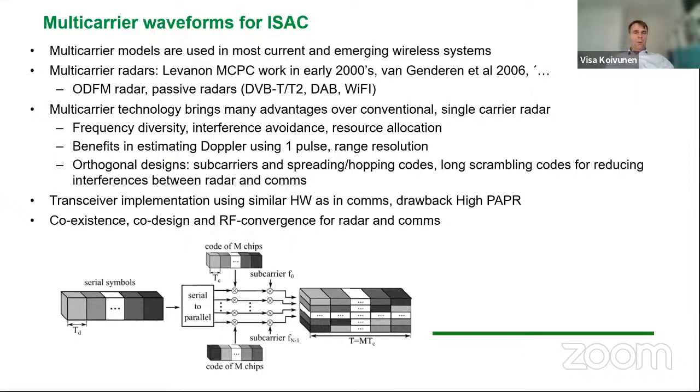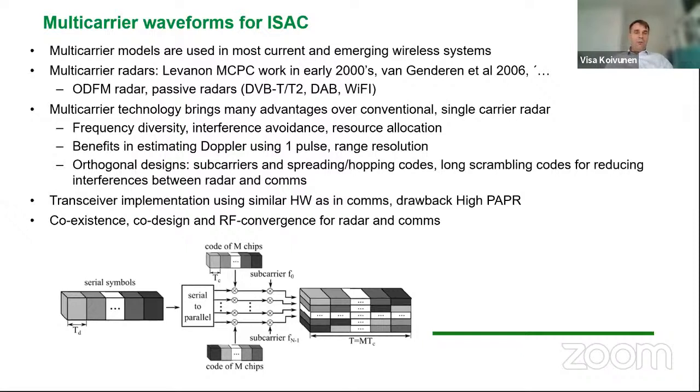It also gives you a nice way to control interference. There are many ways to design these systems in an orthogonal manner. The subcarrier spacing is of course designed so that there is no intercarrier interference. Then you can do multi-carrier spread spectrum type systems and apply orthogonal codes along the subcarriers. Or you can go further and apply long scrambling codes that really reduce interference between the radar and communication subsystems.